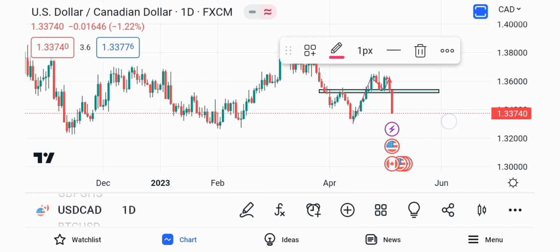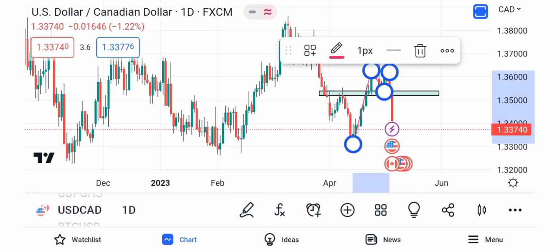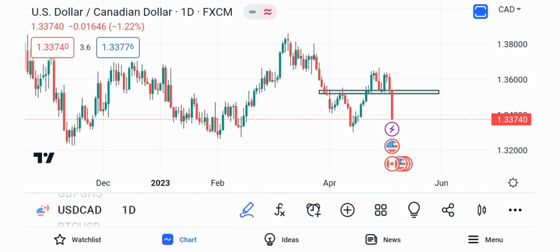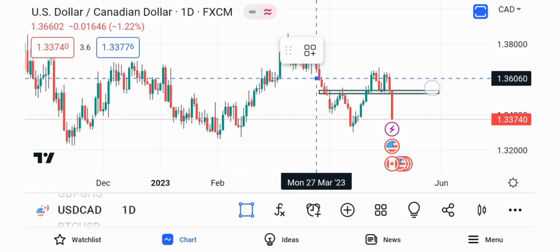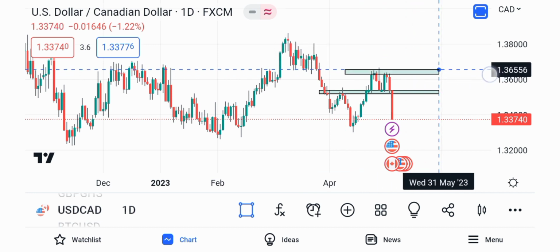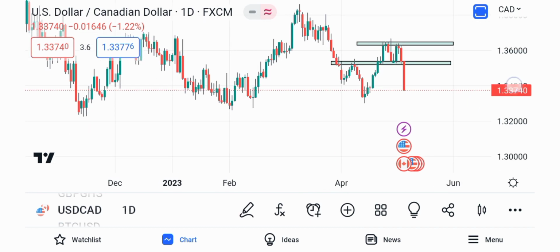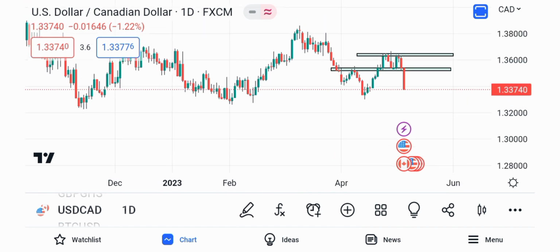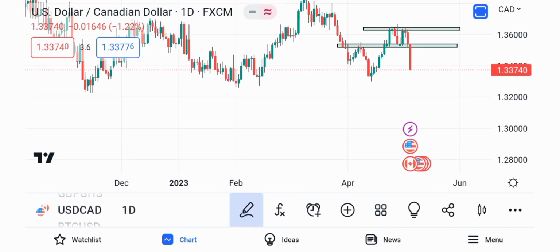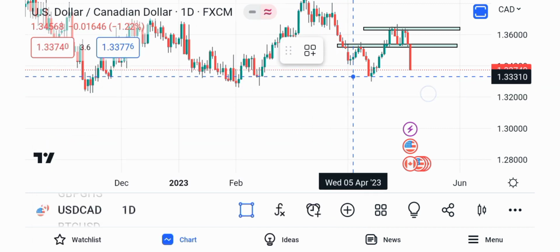So we had a double top at this very point, and we saw that price dropped sharply due to the NFP news released last week. So now we can see we also have another key level here.